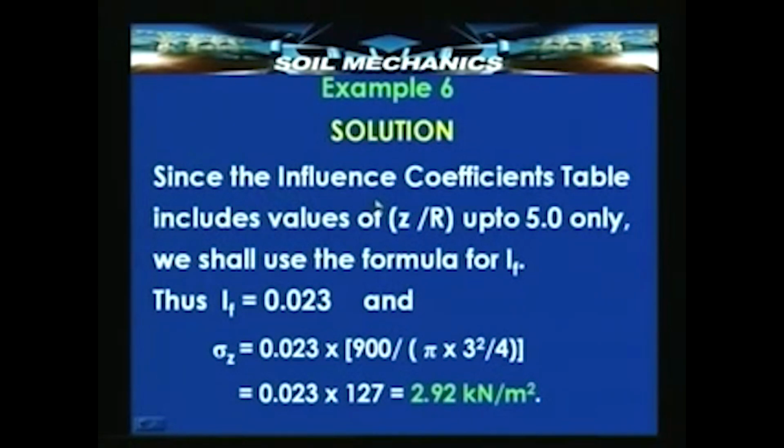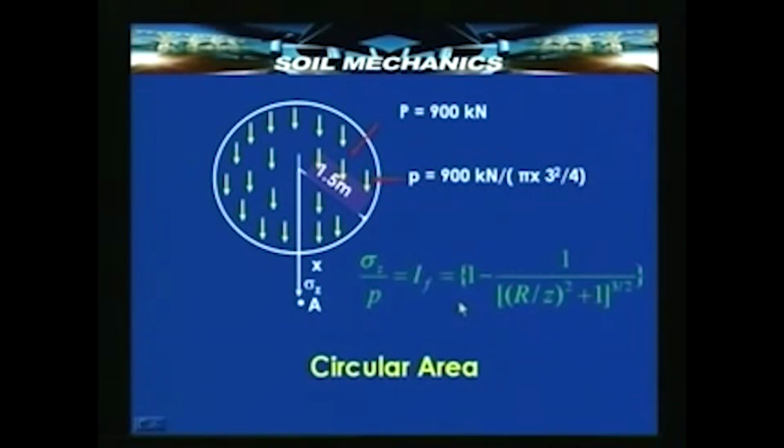So, since the influence coefficients table includes values of z by r up to 5 only, we shall use the formula for computing IF. According to this formula, IF is 1 minus 1 upon (r upon z whole square plus 1) to the power of 3 by 2. R is 1.5, depth is 10 meters.